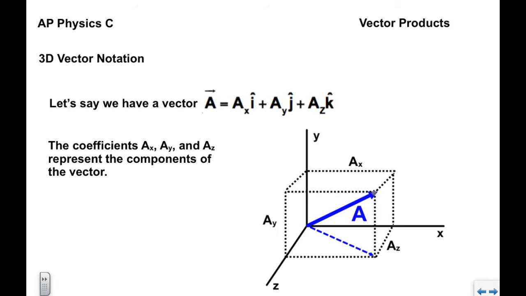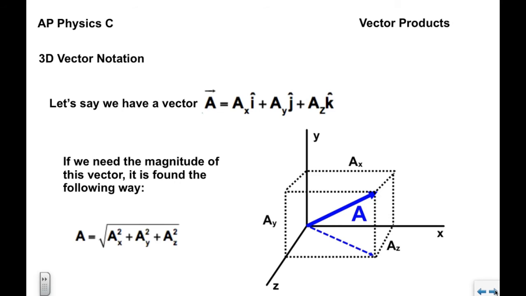A sub z is out of the screen towards you. So when we look at those three magnitudes, right, up, and out, it brings us to this point. The blue indicates my vector A.